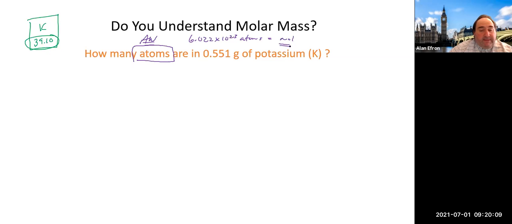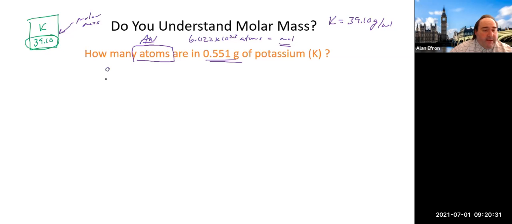Basically, per mole means that we need to get this number, which is in grams, into moles. And to do that, we do need the molar mass to do that part. So again, from the periodic table, we see that the molar mass of potassium is 39.10 grams per mole. That's going to, again, allow us to use it as a conversion factor.